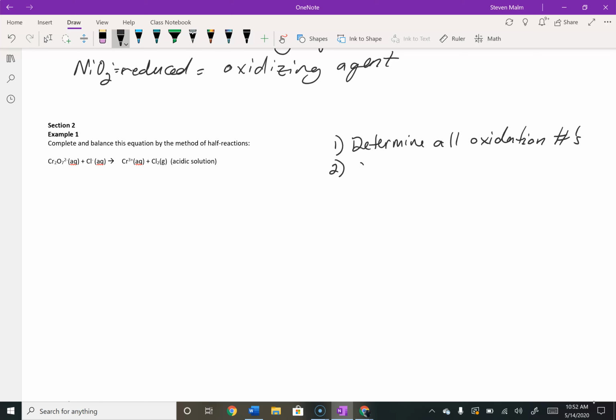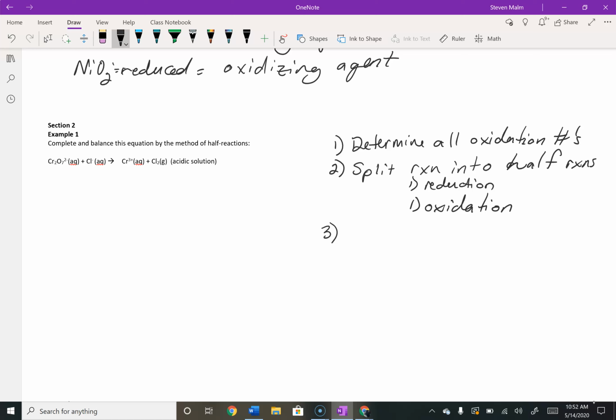The next thing is to split the reaction into 2, so split it into the half reactions. You should have one reduction and one oxidation, and you know which one is which because you've done number 1 to determine all the oxidation numbers. Number 3 is going to be to balance each.